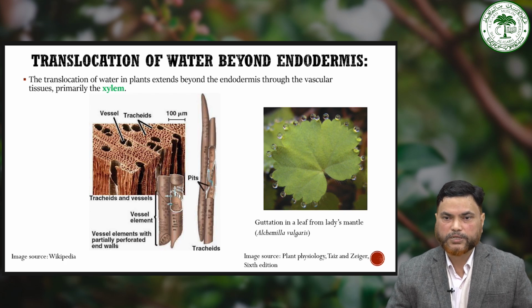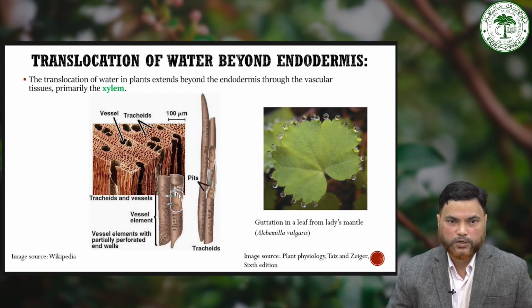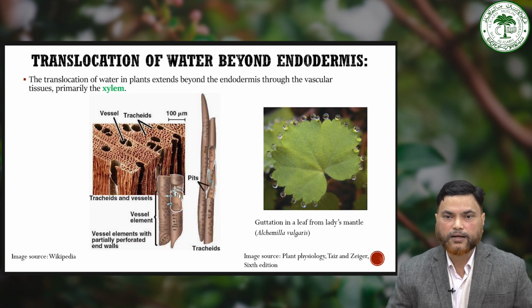So, there are basically two main types of water transporting cells in the xylem, that are tracheids and vessel elements. You see on the left side of the figure that tracheids are elongated spindle shaped cells that are arranged in overlapping vertical files, and water flows between them through numerous pits present in their lateral walls as seen in the figure.